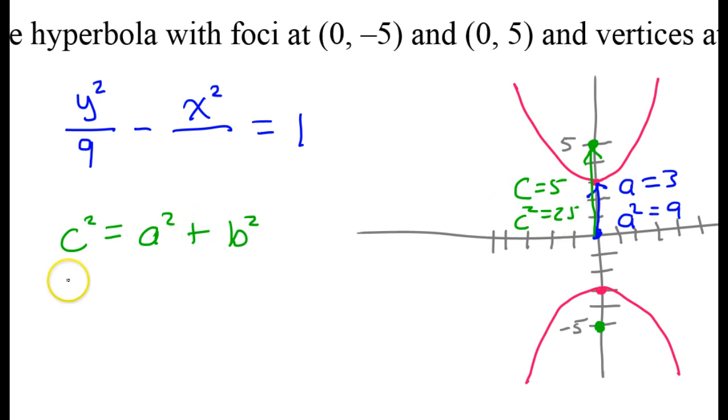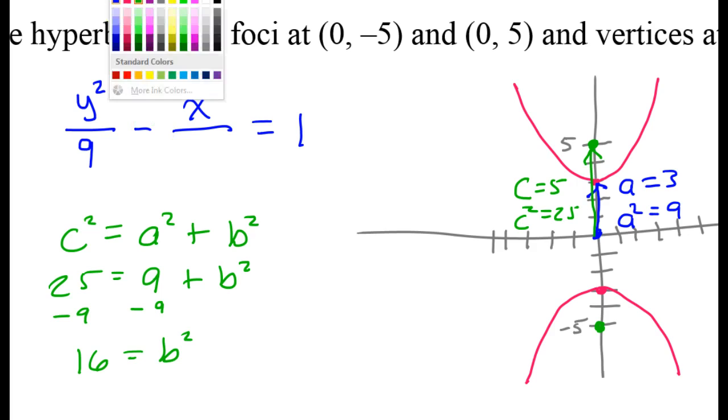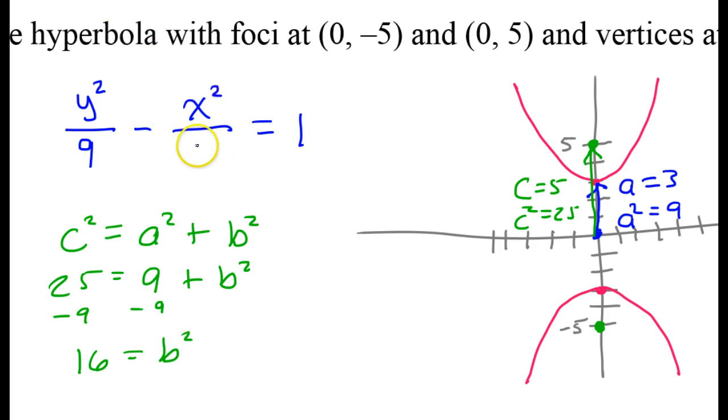But c squared is 25. A squared is 9. So that just leaves b squared unknown. So if I subtract 9 from both sides, I get 16 is equal to b squared. And I'm not going to take the square root because b squared is actually what I want.